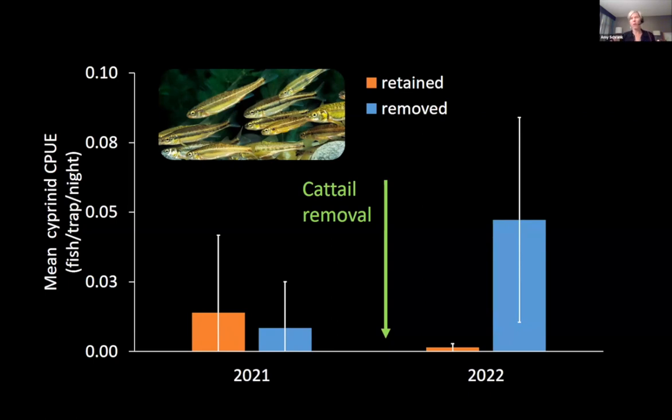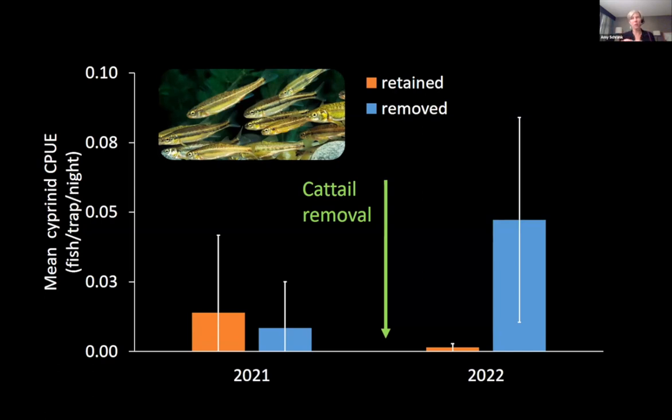So what I think is important about this is that minnows as a group, there's lots of different species of minnows, but as a group, they're those small-bodied species that live near shore. They're super important as forage or diet for game fish. So when people study what game fish eat, things like walleye, and they open up their stomachs or look at their diet, what they see is it's mostly minnows. It's not small sunfishes that they're eating. So I think what happens is when we remove cattail, it makes it better for minnows.